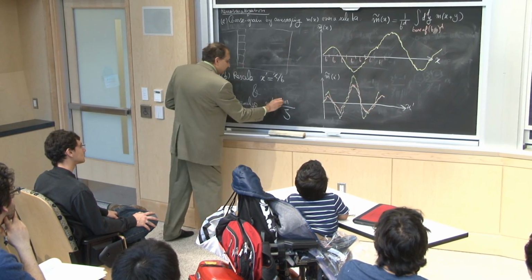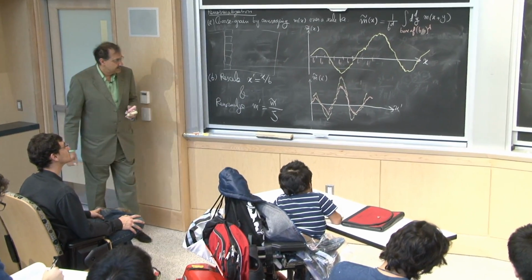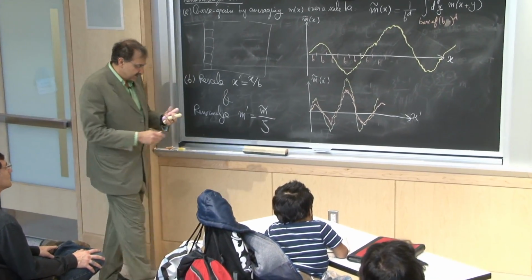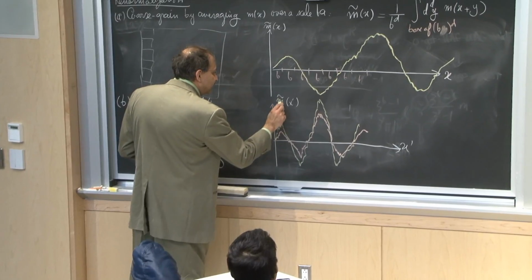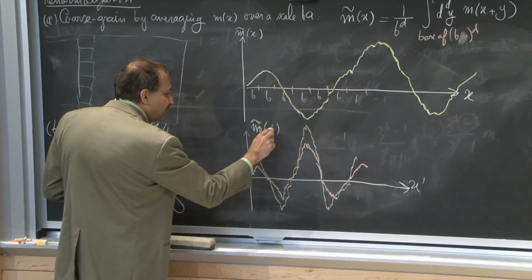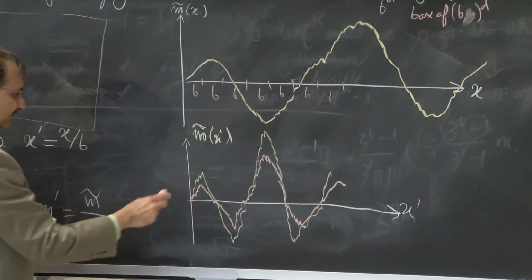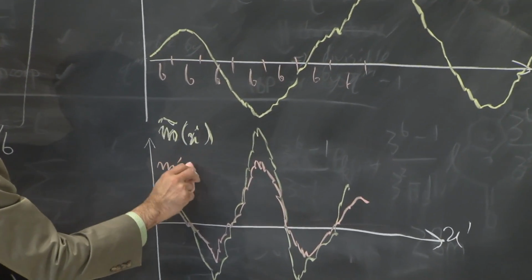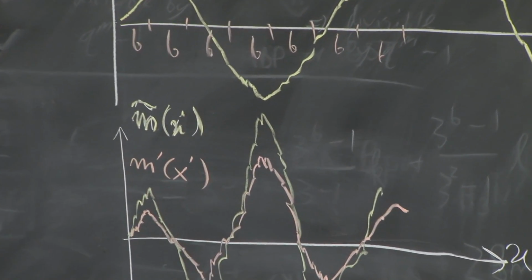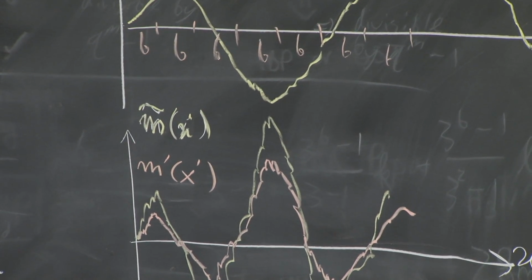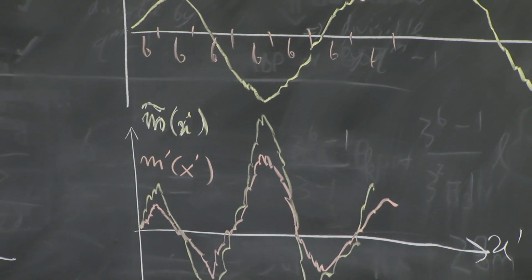M tilde, thank you. So I guess the green is m tilde of x prime, and the pink is m prime of x prime. Okay?